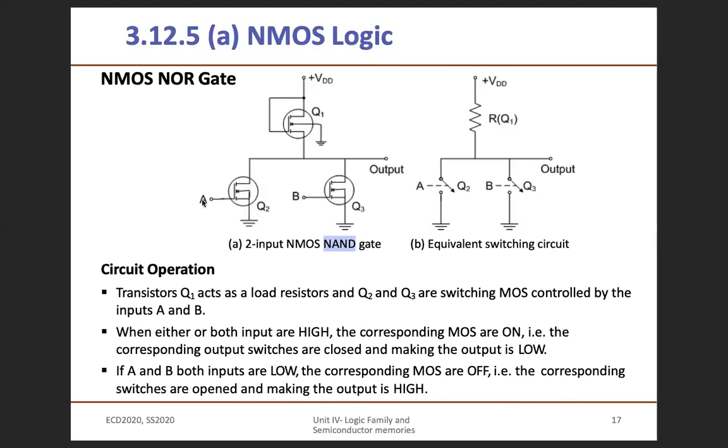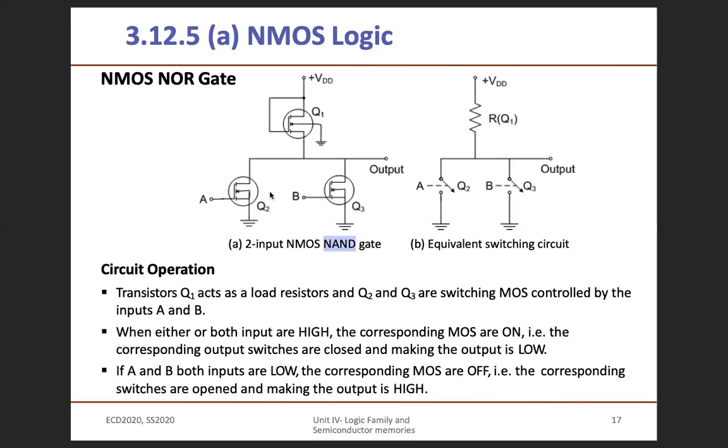So if A equals 0 and B equals 0, both transistors will turn off. Therefore, the output is not connected to ground: this is an open circuit, and this is also an open circuit. So you will have output equal to 1, taken from VDD.